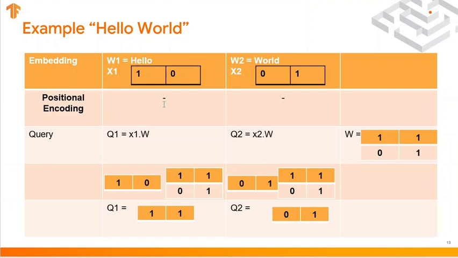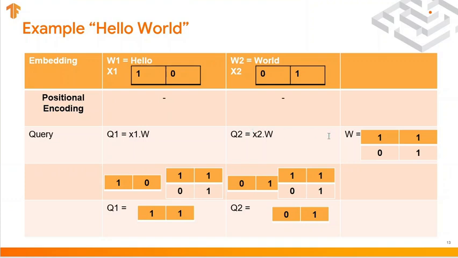Then we have the positional encoding implemented on this, and then we make a query. To get the query, q1 is x1 dot product with W. W is the weighted matrices which we have already defined, and x1 is the above input embedding. Same for q2: x2 dot W, where x2 is the above embedding from the input text.